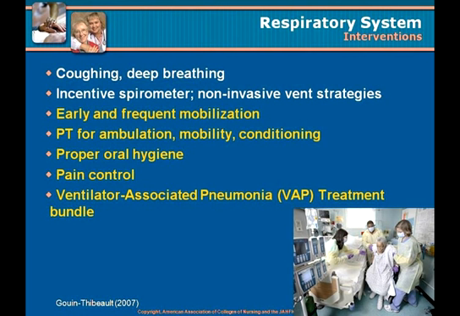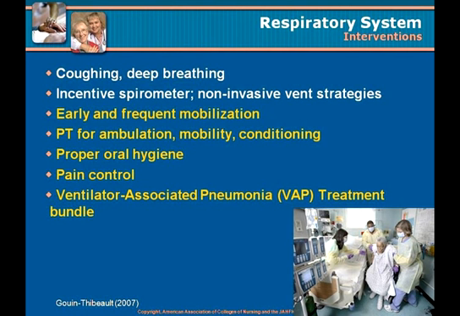We know that ventilatory improvements can be directly related to improvements in upper extremity muscle strength, and certainly even greater gains once we get people up and ambulating. Proper oral hygiene is important to prevent ventilator-associated pneumonia and aspiration pneumonias, and pain control is necessary for people to take good, deep breaths and be comfortable enough.